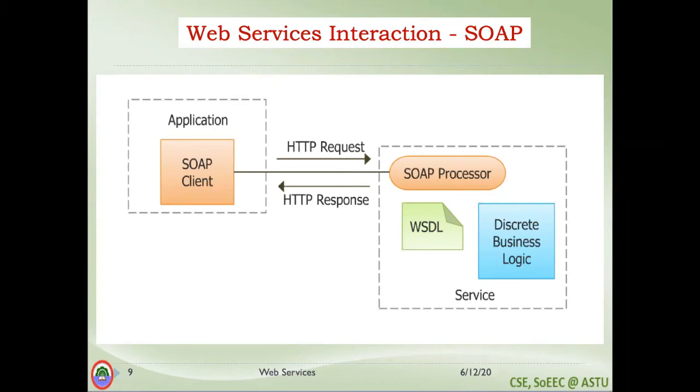It validates the request as per the SOAP syntax or SOAP format. And if it is fine, then only the SOAP processor transfers the request or invokes the service with the required data sent by the client. So based on those parameters, the service business logic will be invoked by the processor. This is what happens from the service side.